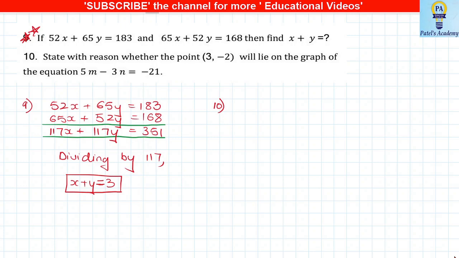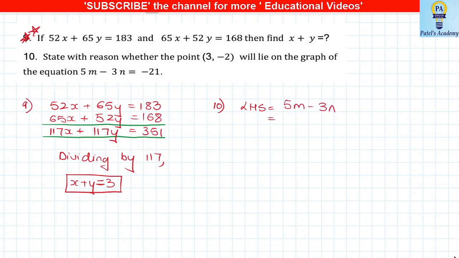Okay, the next is state whether the point 3, -2 lies on the graph of the equation. Okay, so students, even though the word graph is given, we are not solving the sum by graphical method. Instead of m and n, we will substitute 3 and -2. So let's see, LHS equals 5m minus 3n.